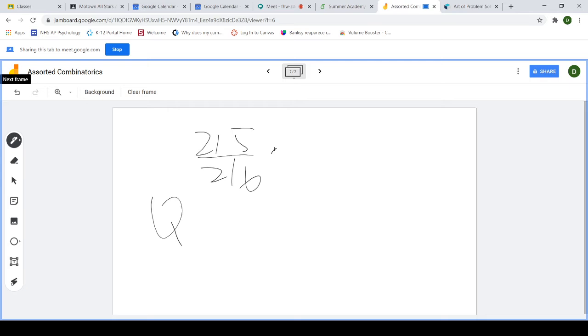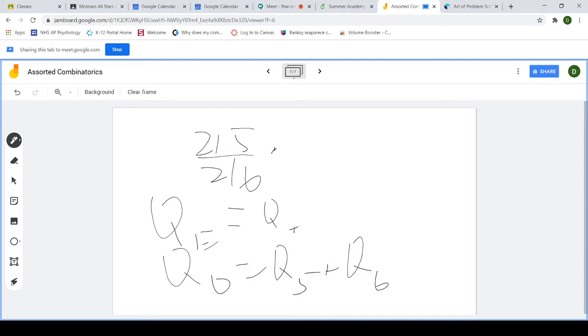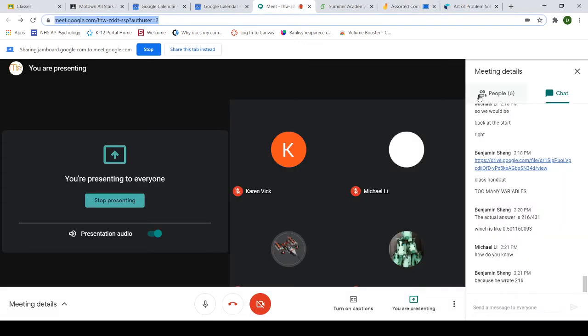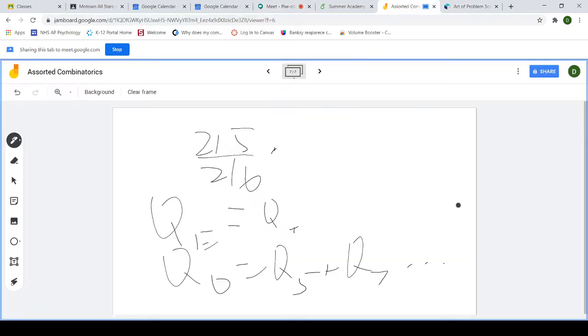We can also write QE as, of course, Q4 and so on, but we also have QO is equal to Q5 plus Q6 plus... not Q6, Q7, and so on. And of course, Q3 does not exist because you cannot roll 1, 2, 3 in the first 3 dice.